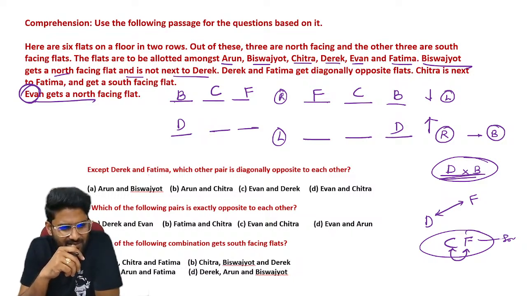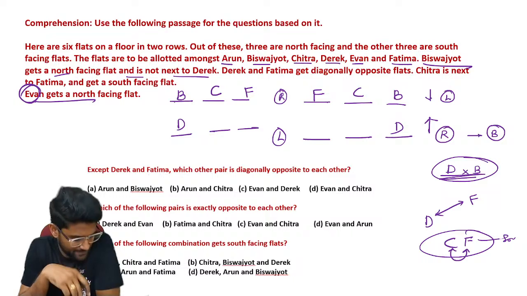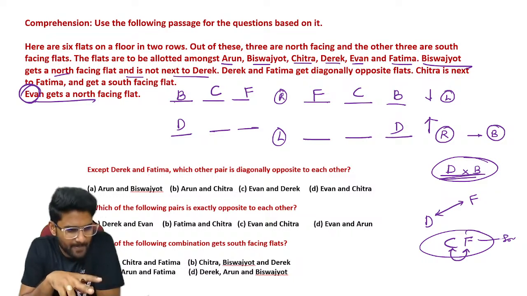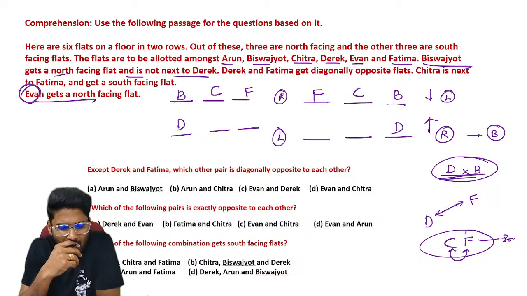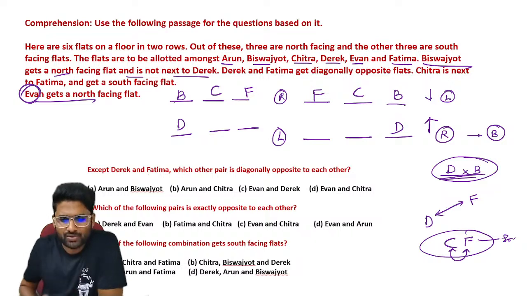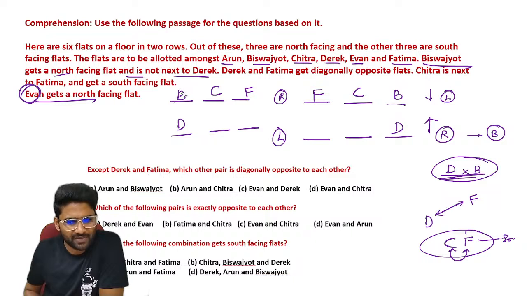We don't have that information about A and E. Oh, sorry. B gets the north facing.